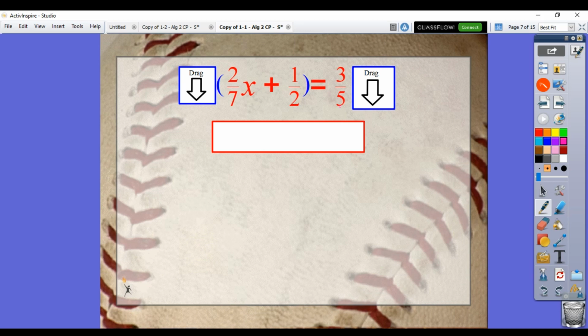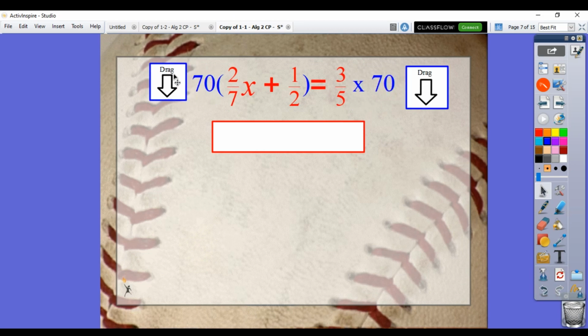The easiest way, since this could be a big number, is you just multiply 5, 2, and 7. 7 times 2 is 14, times 5 will give you 70. So the common denominator I'm going to use here is 70.